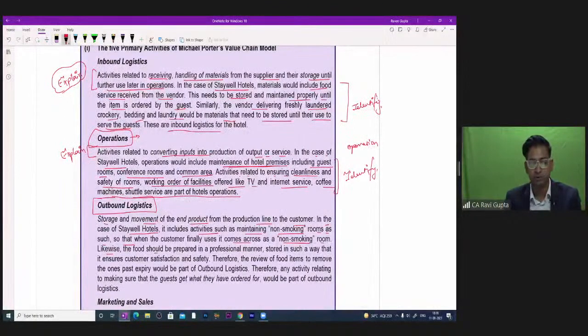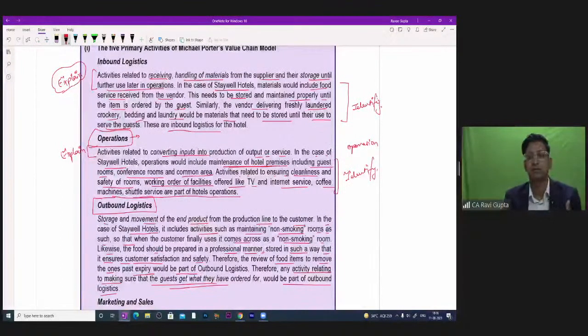Likewise, the food should be prepared in a professional manner and stored in such a way that it ensures customer satisfaction and safety. Therefore, the review of food items to remove the ones past expiry would be part of outbound logistics. Any activities which relate to making sure that the guest gets what they have ordered would be part of logistics.